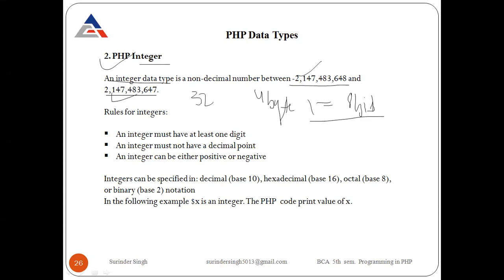How does this range come? The system processes data in binary form. In machine language, everyone knows binary language, 0 and 1, only 2 values. This is a 0, a single bit, and 1 is a single bit, and the base of the binary system is 2.